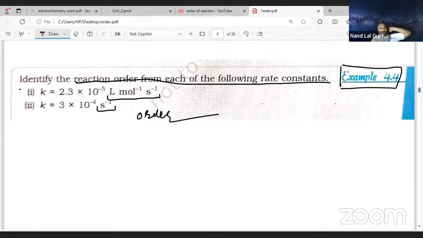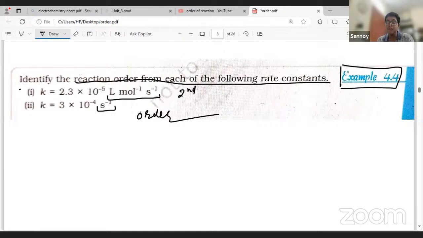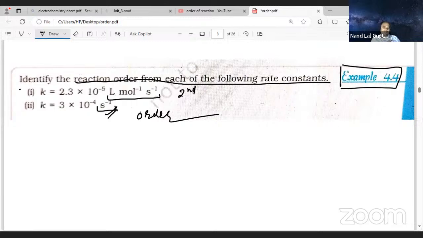The first, liter mole inverse, second inverse, is second order. The second one is given as second inverse, so this is first order.